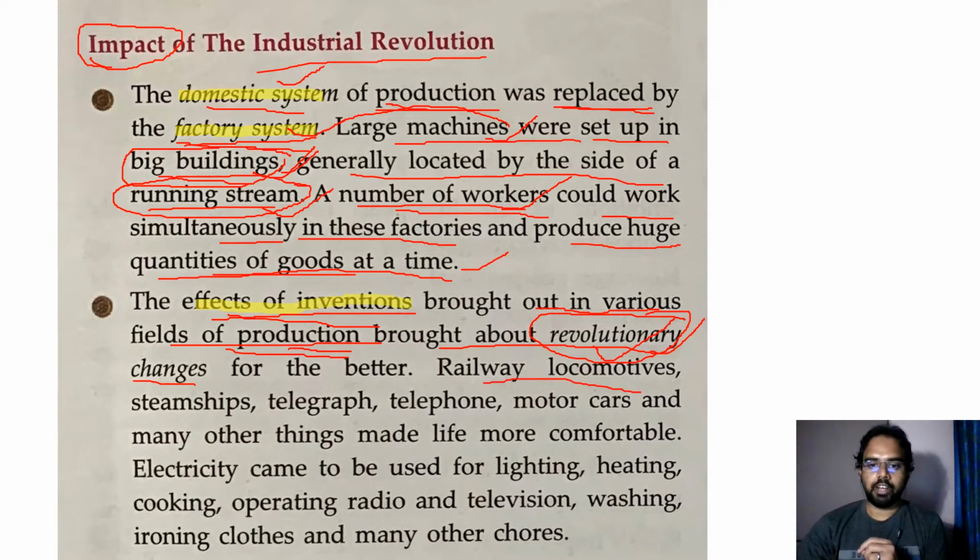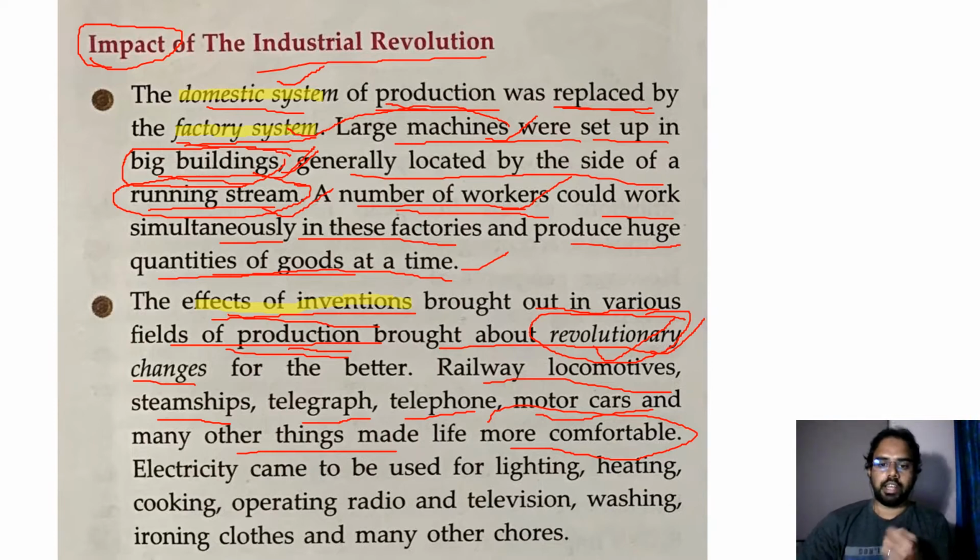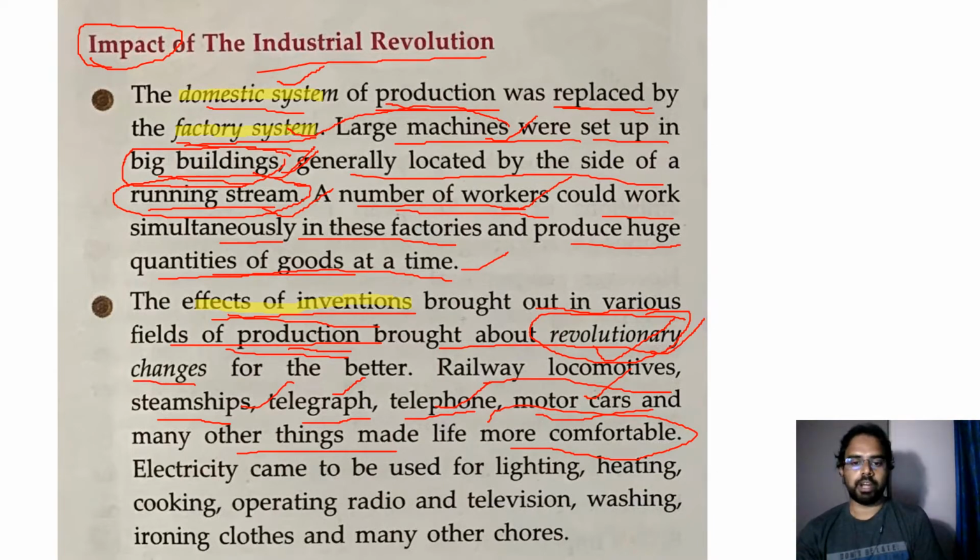Take railway locomotives, steamships, telegraph, telephone, motor cars, and many other things that made life more comfortable. These are a few examples of inventions: railways, steamships, the telegraph and telephone for communication, and motor cars better than the steam cars, and all these things made life better.